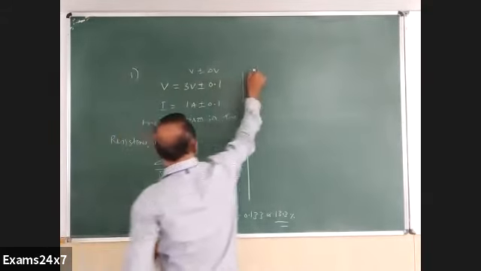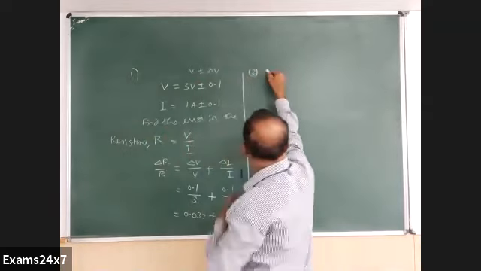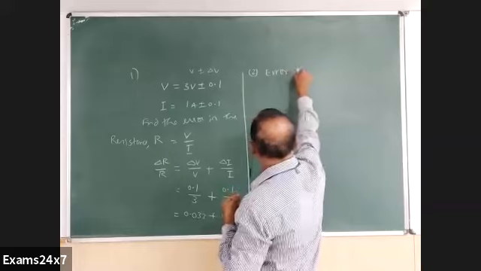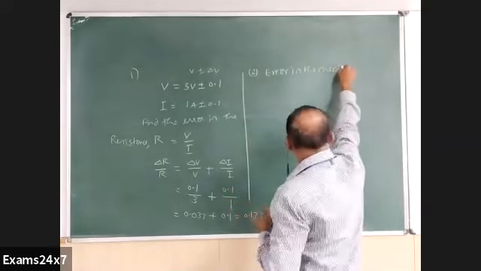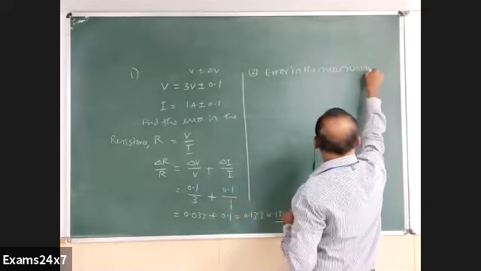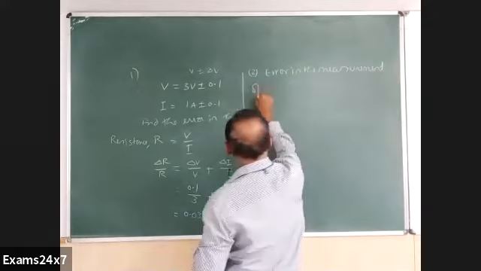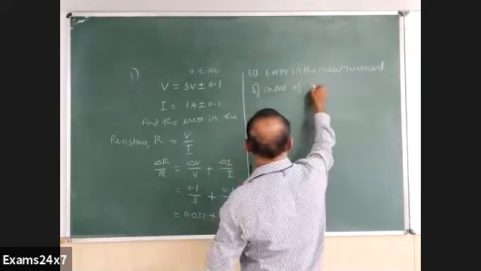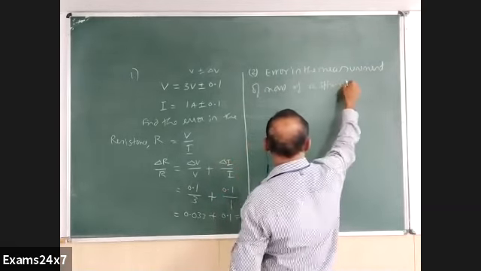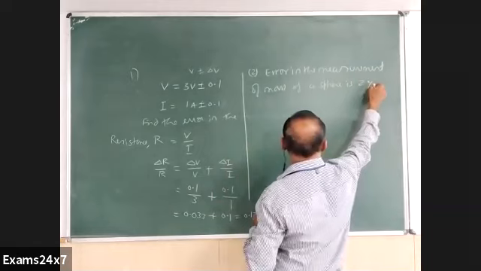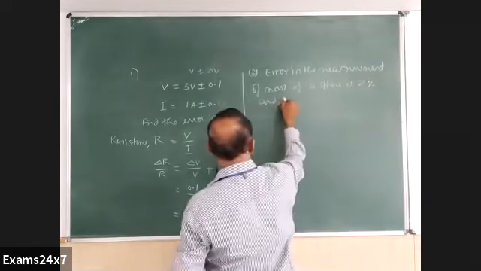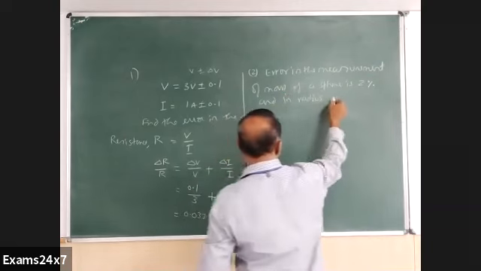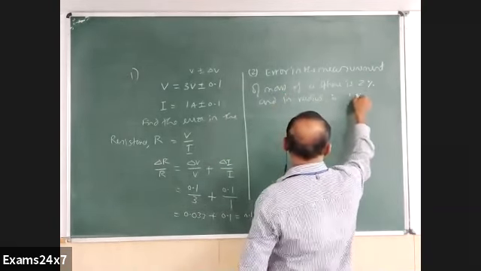Similarly, error in the measurement of mass of a sphere is 2%, and in radius 1%.